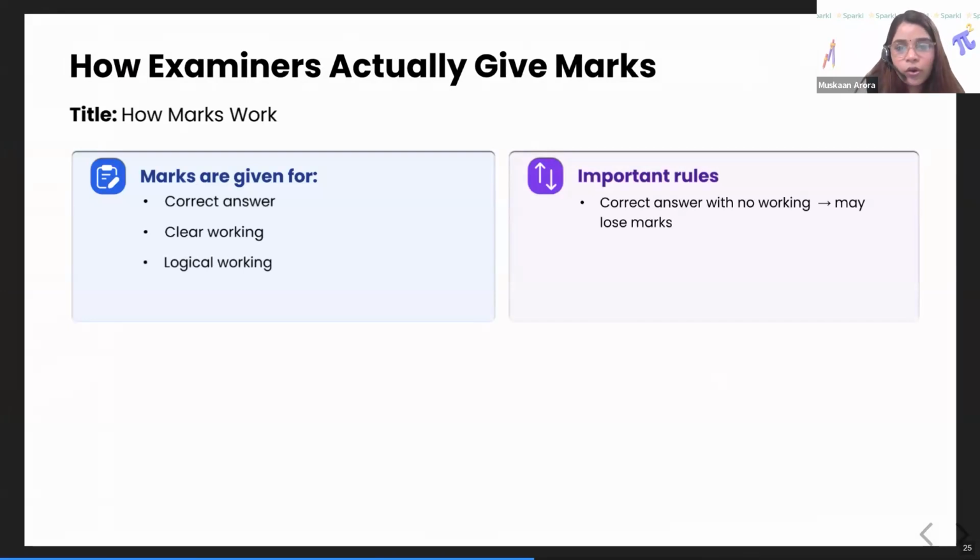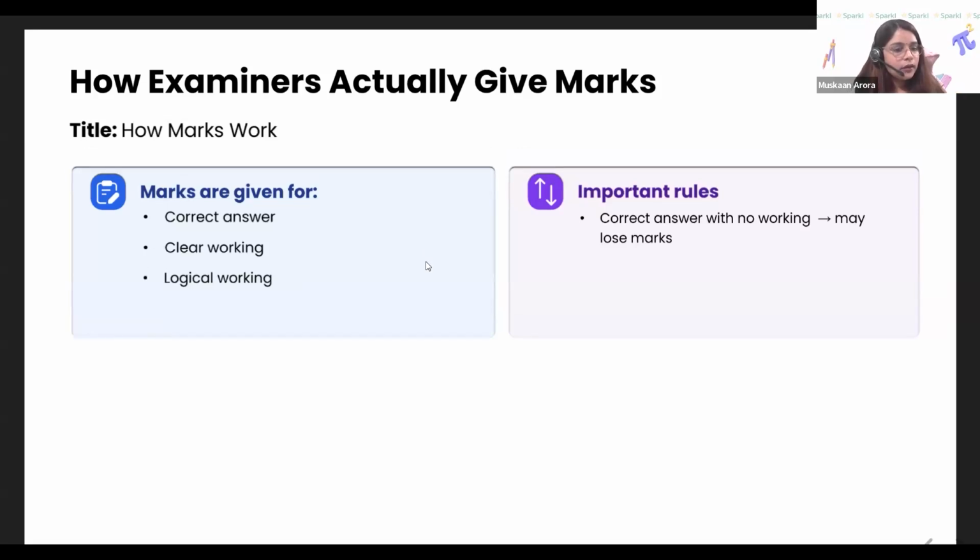It's not that direct always. So if I say that a correct answer with no working can still give you marks, or there are still chances of getting some marks there, would anyone like to throw some light on this if they know anything about this, or anything like this has happened before?